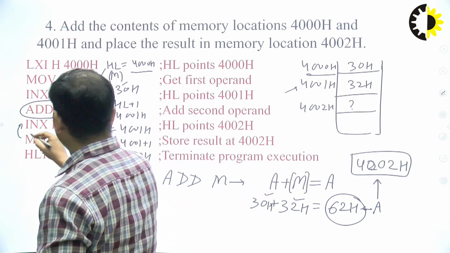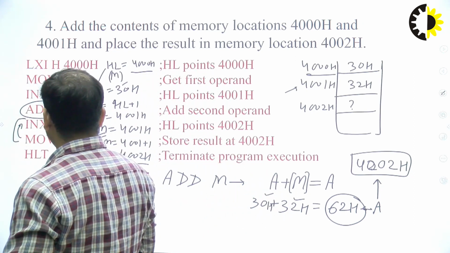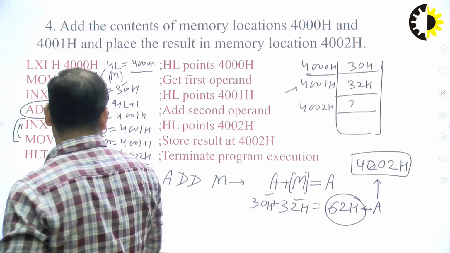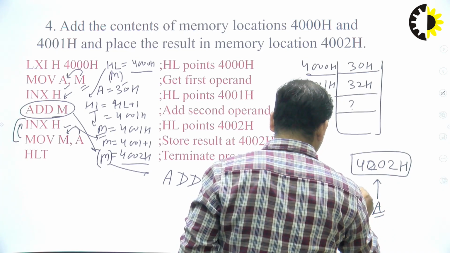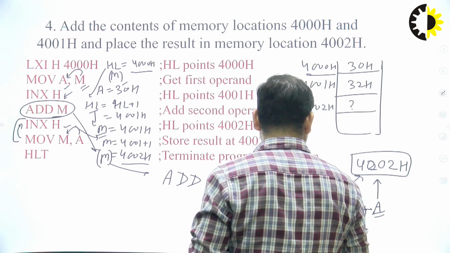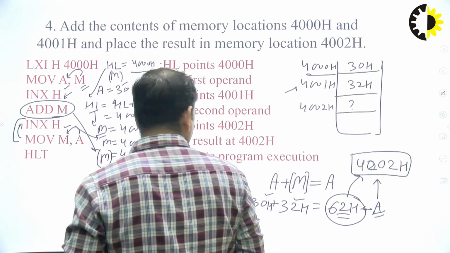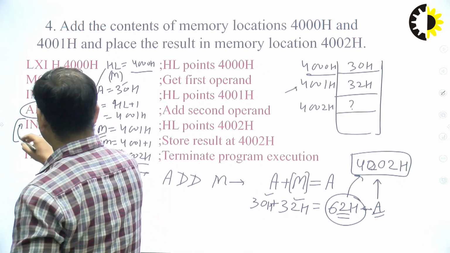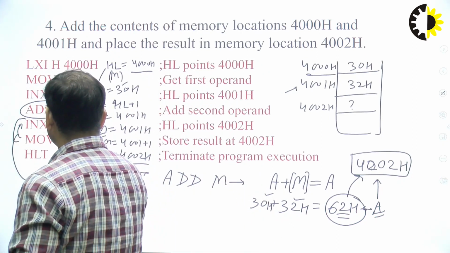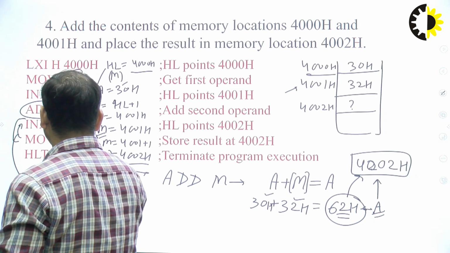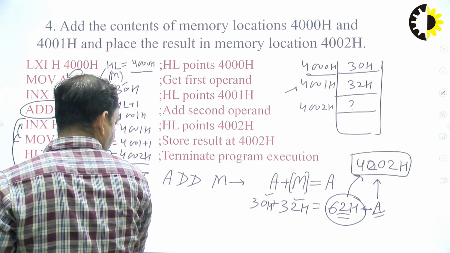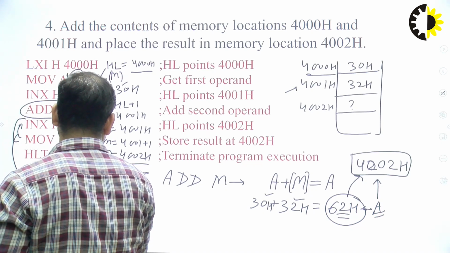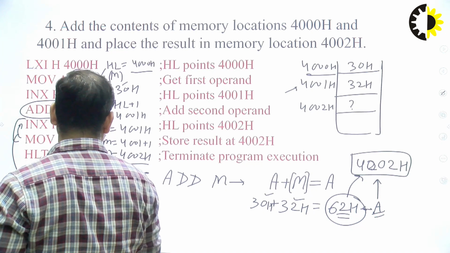Or another method for this: right now we have A, this is 62. Directly we can put it into 4002H. What instruction can we apply in place of this? We can use STA 4002H.